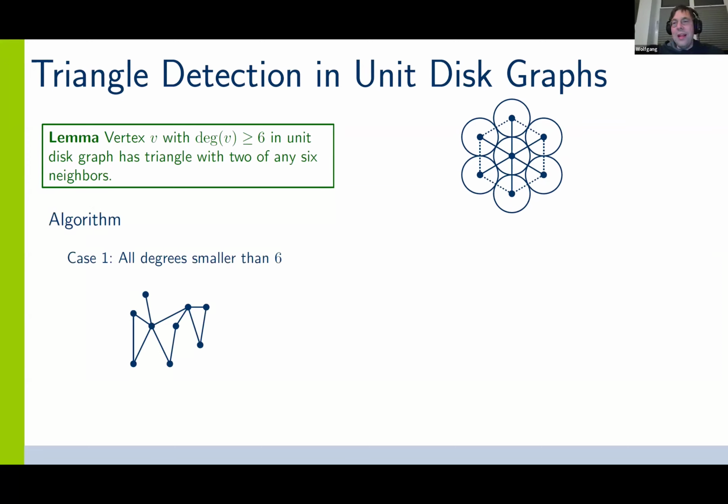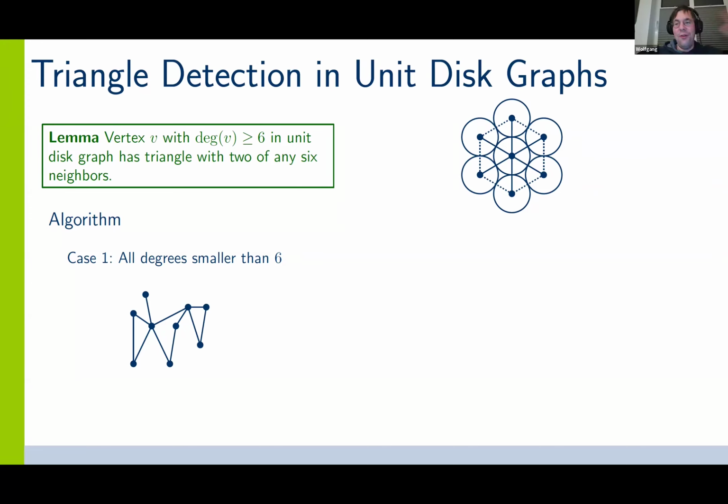Now the algorithm is very simple, and it does not need any geometry anymore. It just needs this property, and we can exploit this combinatorially. Our algorithm just checks two cases. In the first case, I look at the abstract graph that I'm given, at all the vertices and all the neighbors. If all vertices in my abstract graph have degree at most 6, then I can just brute force it.